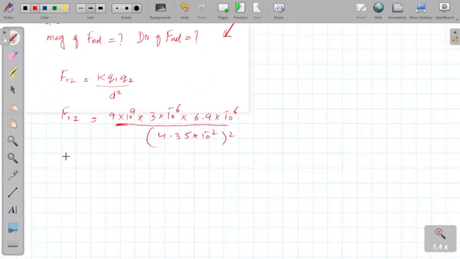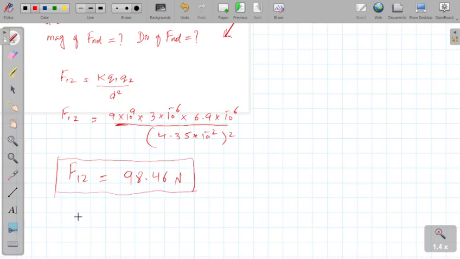Calculating this, the magnitude of F12 comes out to be 98.46 Newton.